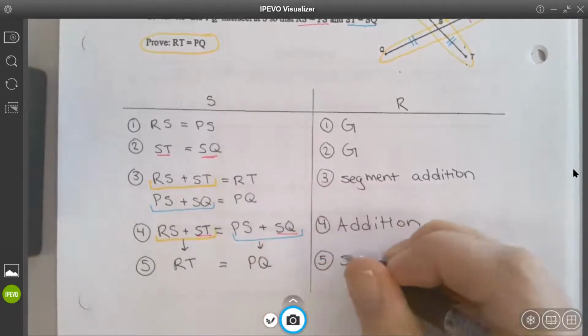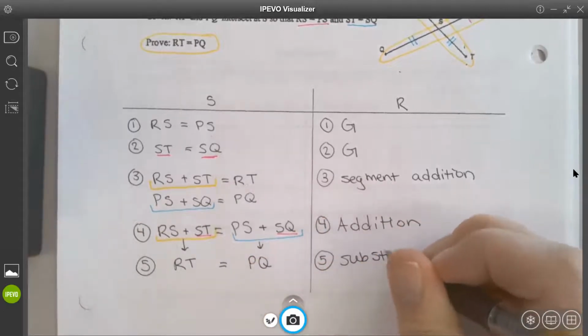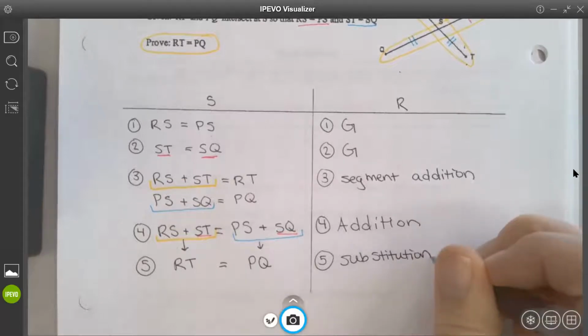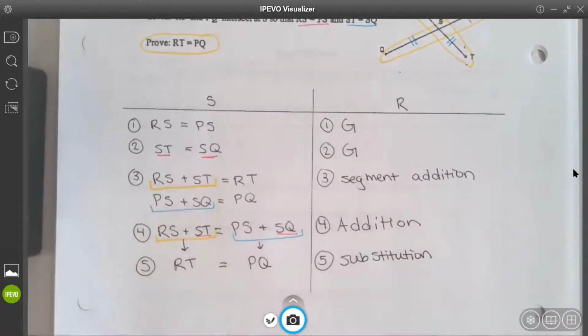That is what substitution property looks like in a geometry proof, which really isn't that different than algebra class. I'm still just substituting something in. Because this is equal to RT and this is equal to PQ, we can substitute in. Guess what? We're done. That's what it wanted us to prove, that RT is equal to PQ.